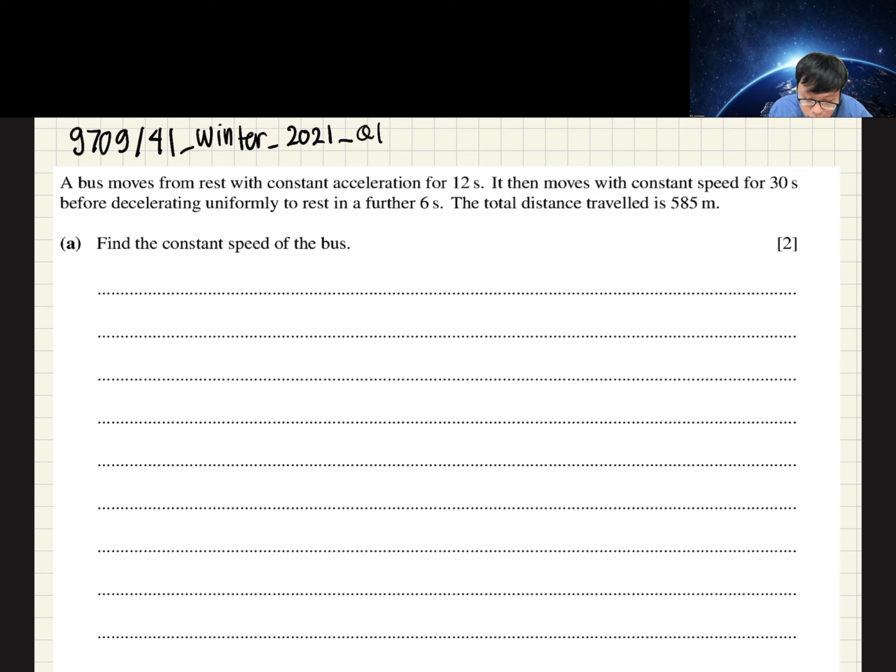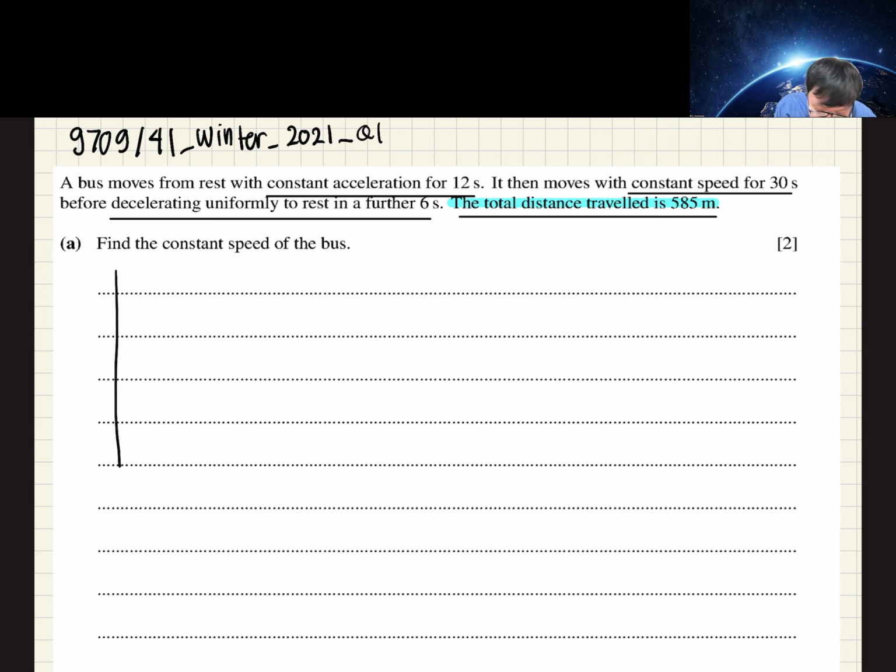A bus moved from rest with constant acceleration for 12 seconds. It then moved with constant speed for 30 seconds before decelerating uniformly to rest in a further 6 seconds. The total distance traveled is 585. Now, this is the key information that we have. The total distance traveled is 585 meters, and we know that total distance is the area under the curve for a velocity time graph.